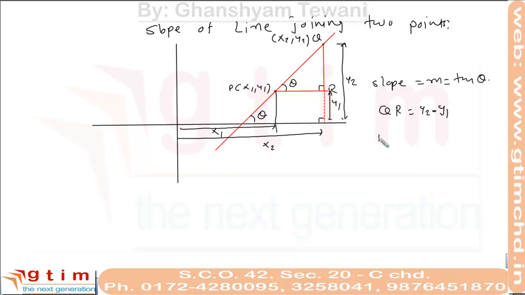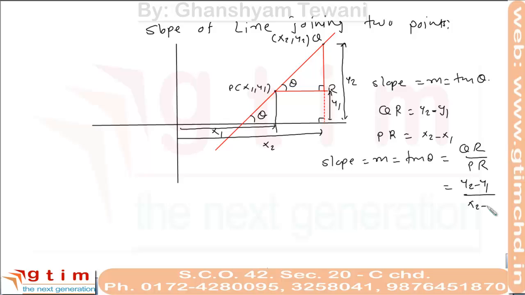Then PR is equal to x2 minus x1. Then slope m is equal to tan theta from this triangle PRQ, that is opposite side QR upon adjacent side PR, that is y2 minus y1 over x2 minus x1.